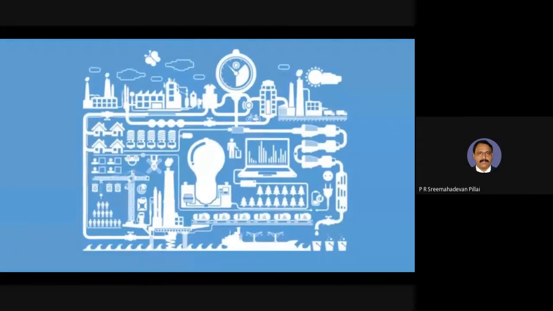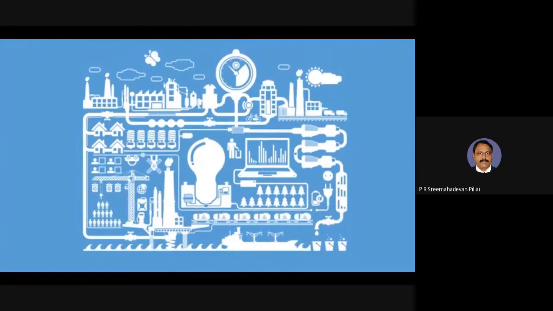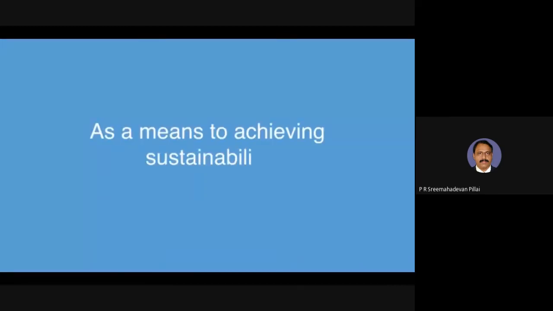Industrial ecology as a subject is both interdisciplinary and holistic. Thus, it is a very broad area, giving it a number of different interpretations. The most expansive definitions interpret it in a generalized sense as a means to achieving sustainability. But this is a somewhat open-ended definition.